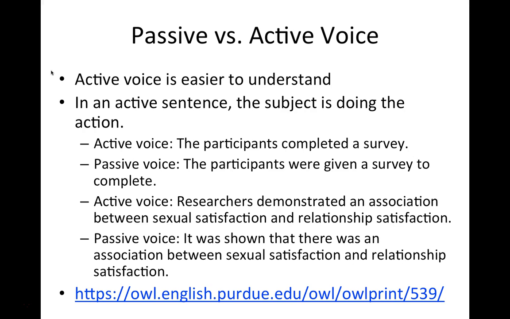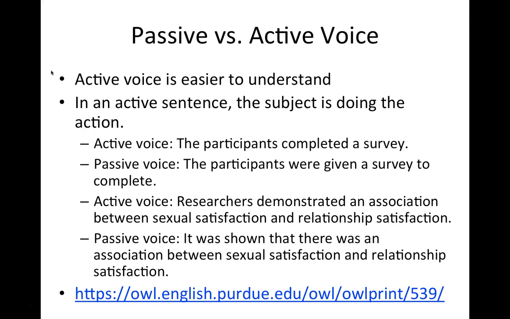So here, a couple of examples. An active voice version of this sentence would be: the participants completed the survey. A passive voice version would be: the participants were given a survey to complete. So in that first version, the participants, the subject of that sentence, is actually doing the action. They're completing a survey. A second example, an active voice sentence would be: researchers demonstrated an association between sexual satisfaction and relationship satisfaction.